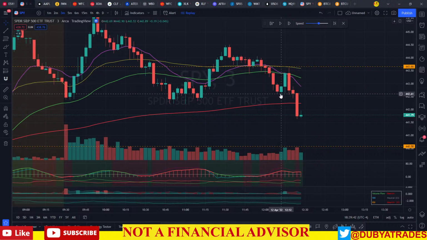If we would have exited here, what did I say, 443? So over $1 move there to there. We get our rejection at VWAP with what? Another engulfing candle, and it comes back down. That's how we can use candle patterns and chart patterns along with our moving averages.